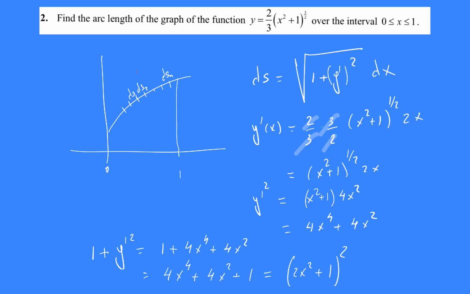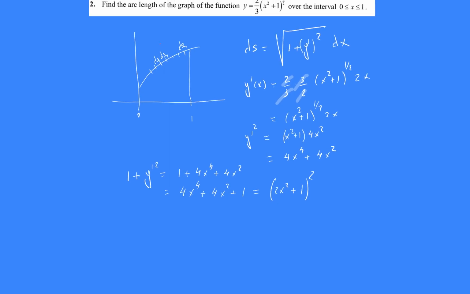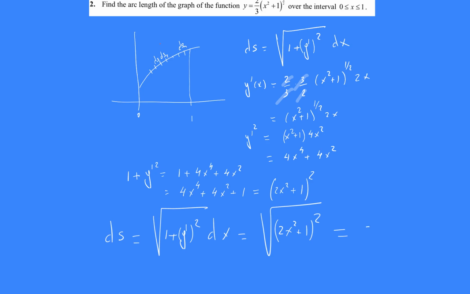So the ds will be equal to the square root of 1 plus y prime squared dx, equal to the square root of (2x squared plus 1) squared, or 2x squared plus 1. Now this is the ds. Now I have to find the s. The s is the integral of ds.